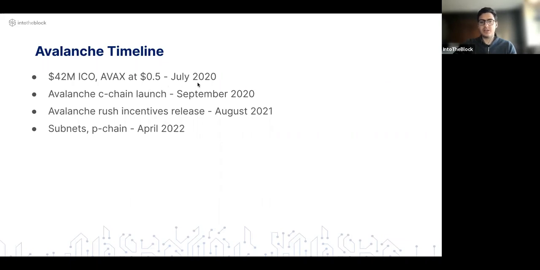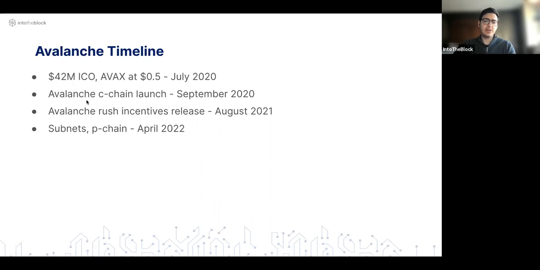This was back in July 2020. It's actually one of the few successful ICOs, not just from a price standpoint, but with the product they've shipped. In terms of price, it's up about 25 times. In terms of product, they built a whole ecosystem, which we'll get into.